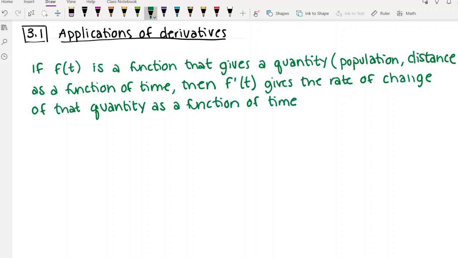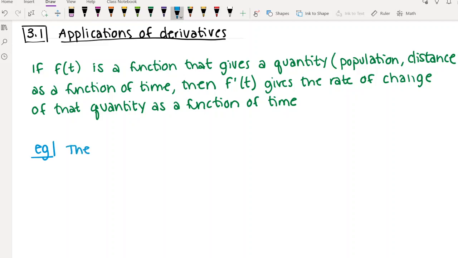So I want to do one initial example that is a more straightforward, simple example, and then we'll get into examples dealing with position functions and velocity and acceleration, because that's a very classic application of derivatives. So for example, let's say that you have a population of bacteria.